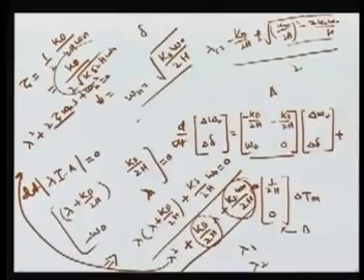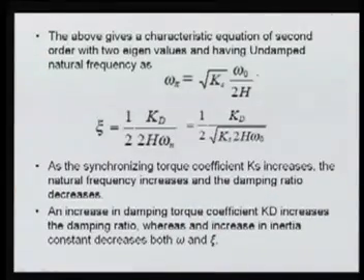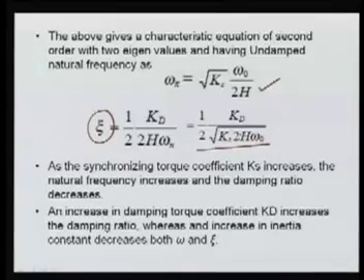So now for different values of kd and ks, you can see your zeta will be changing. Here again I have written the natural frequency and the damping ratio.